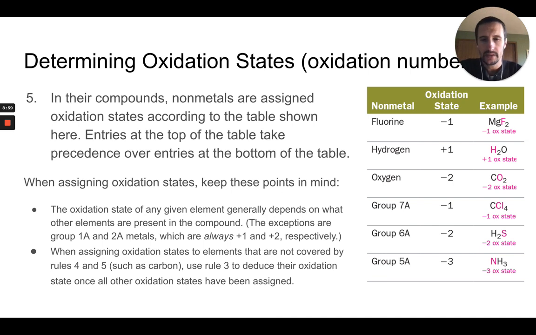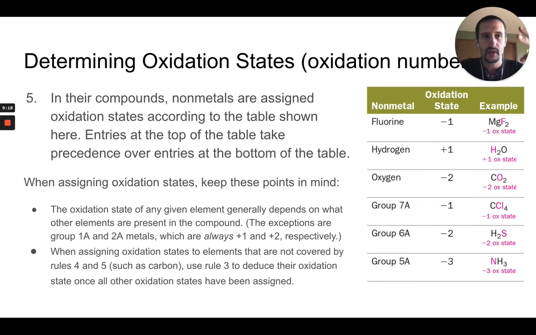When assigning oxidation states to elements that are not covered in these rules, for example, carbon, then we have to deduce their oxidation state from the other atoms in that compound.